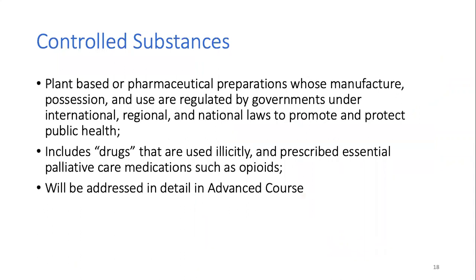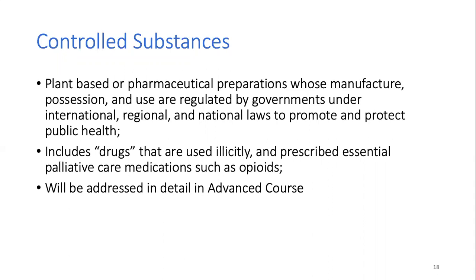Definition of controlled substances. They are plant-based or pharmaceutical preparations whose manufacture, possession, and use are regulated by governments under international, regional, and national laws to promote and protect public health.